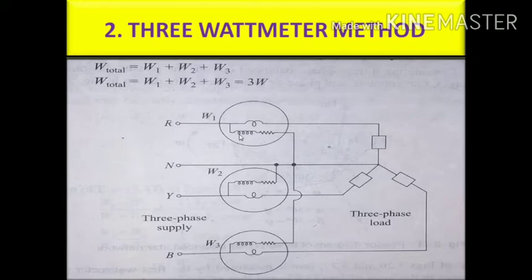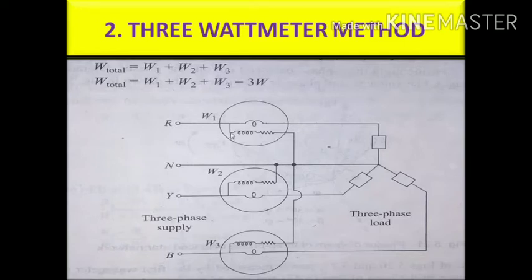As the name specifies, in this case we are using 3 wattmeters which are connected in each phase R, Y and B. In this circuit you can see we are connecting 3 wattmeters, W1, W2 and W3. These are the 3 wattmeters connected to this 3-phase load.